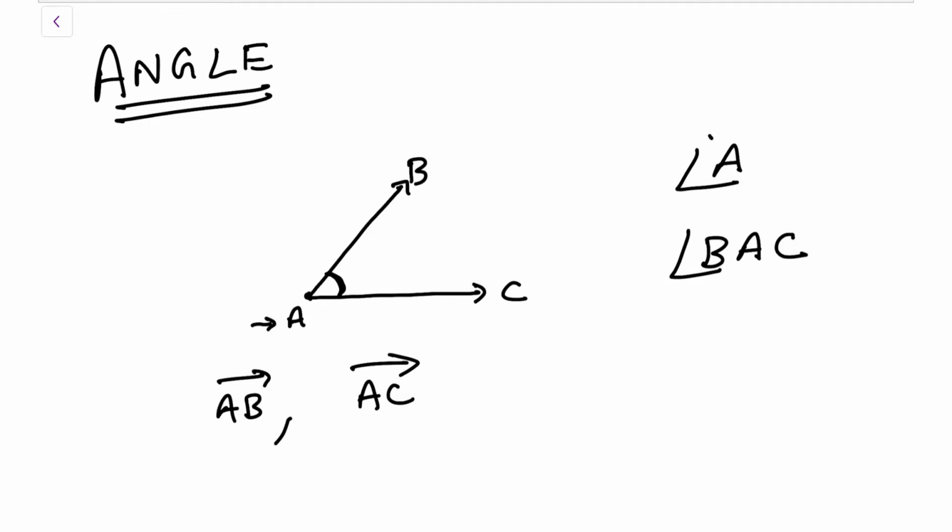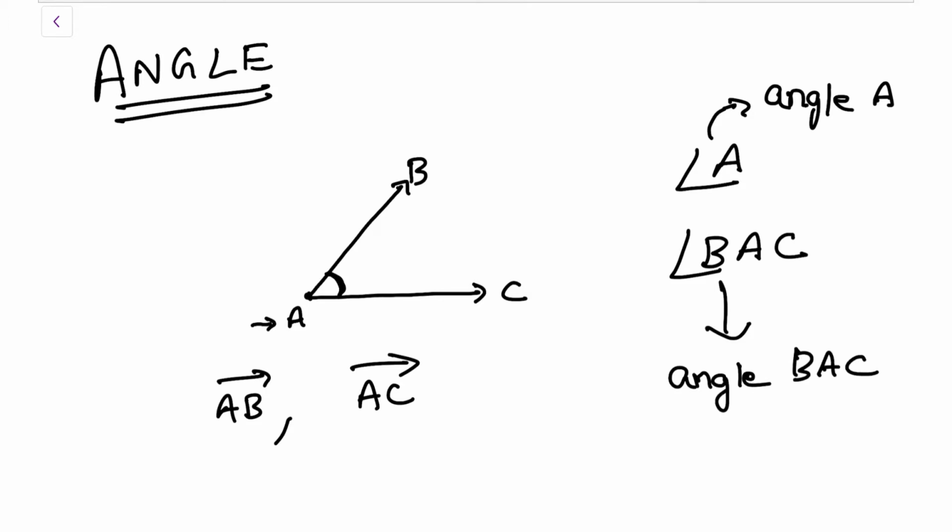So, this is read as angle A. And this is read as angle BAC. Alright. This is how we name an angle, either as a single letter or three capital letters. And it is read as angle A or angle BAC.